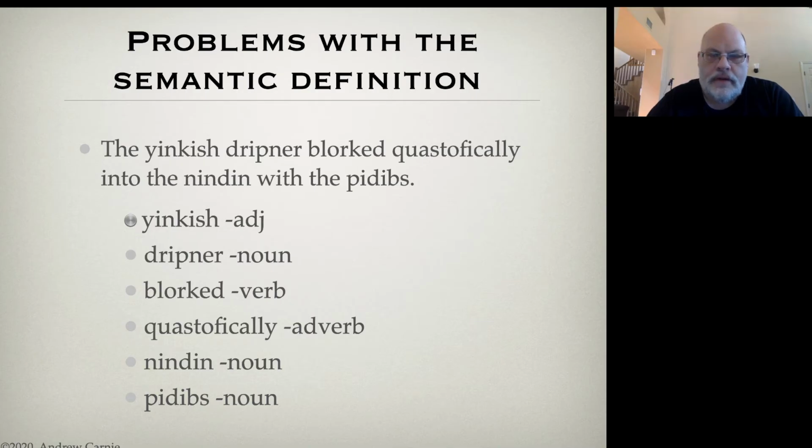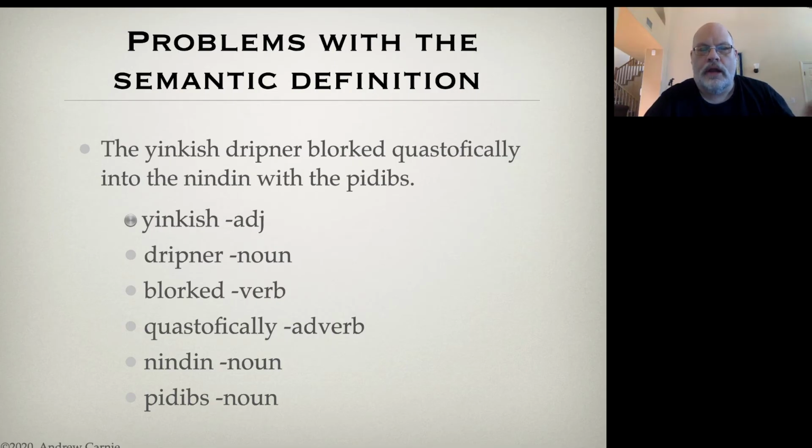How did we know this if we don't know what they mean? How do you know what Dripner is if you don't know what a Dripner is? How can you tell if it's a person or a place or thing? The answer to this is we don't actually use semantics to figure out parts of speech. Instead, what we're looking at and referring to are the affixes, that means the suffixes and prefixes, and the syntactic position of the words that we're looking at.